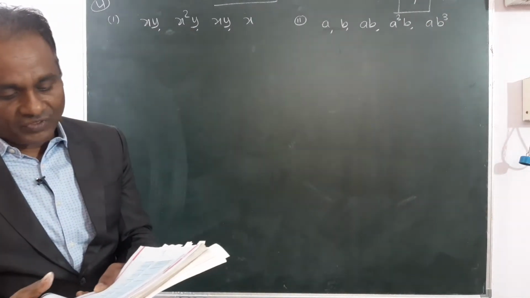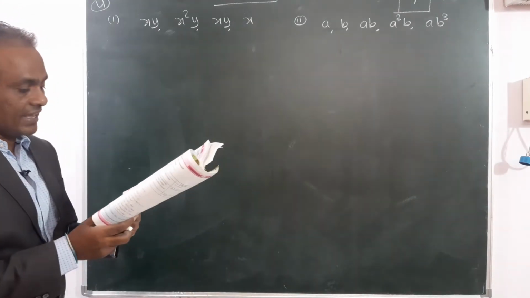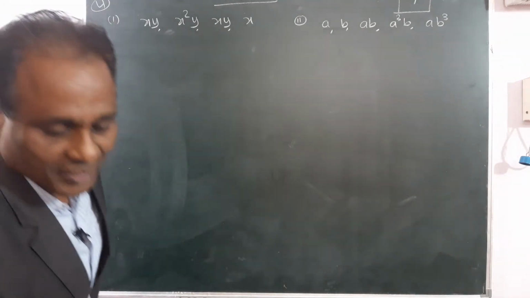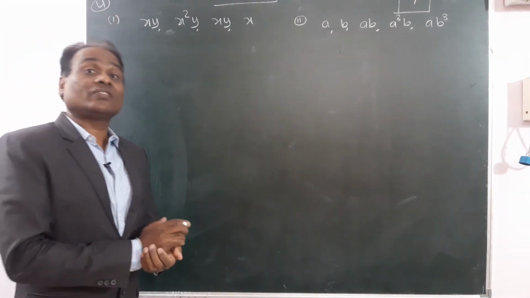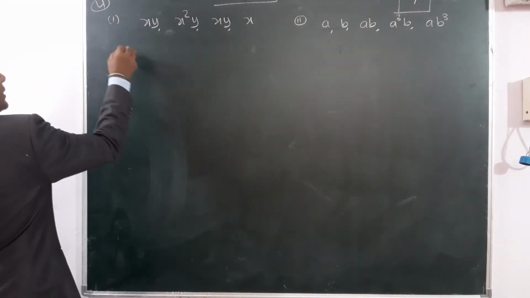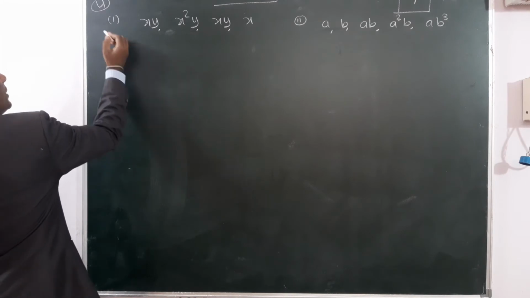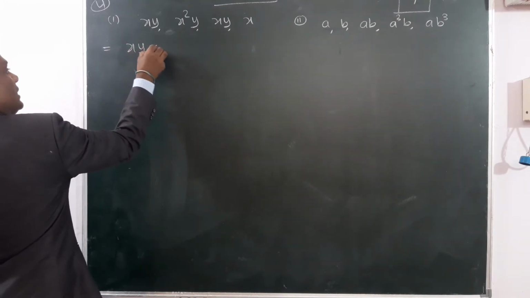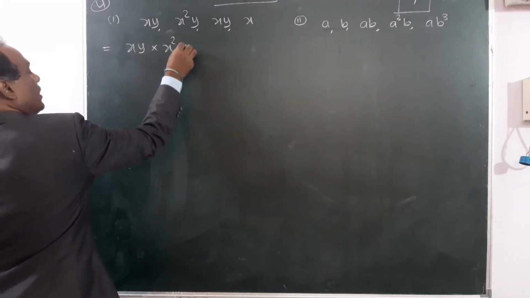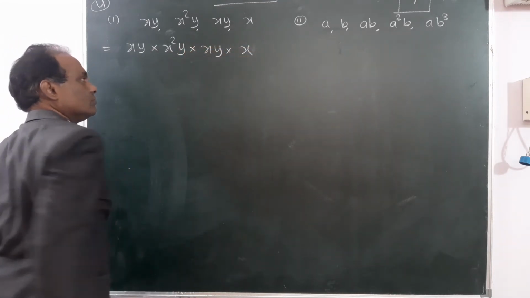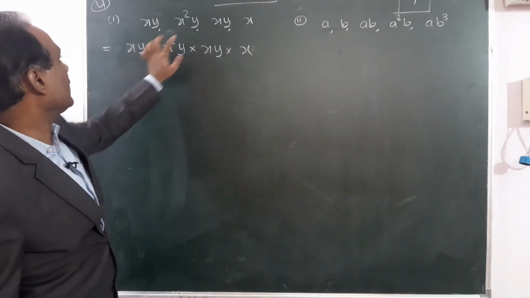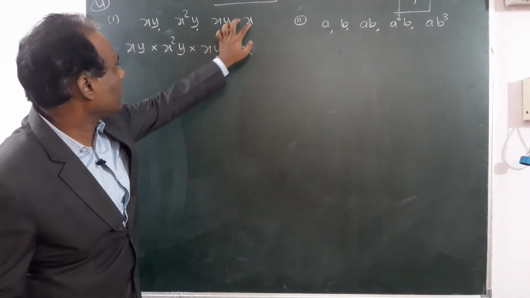Find the product of the following: xy, x square y, xy, x. Product means multiplication. That means xy into x square y into xy into x.